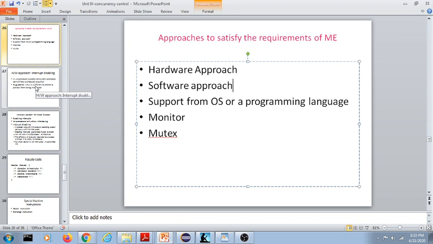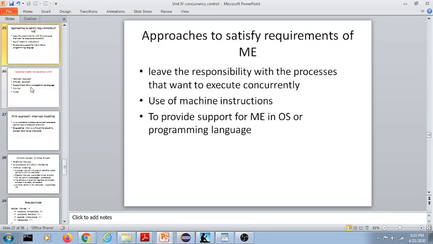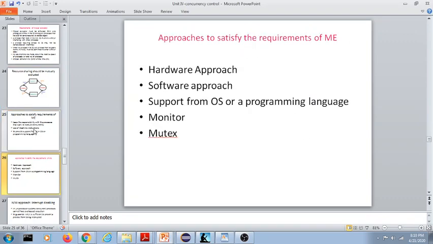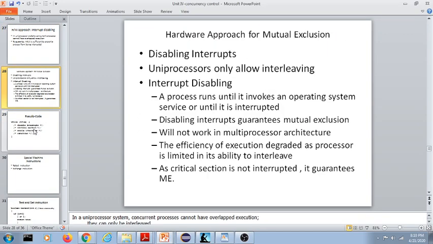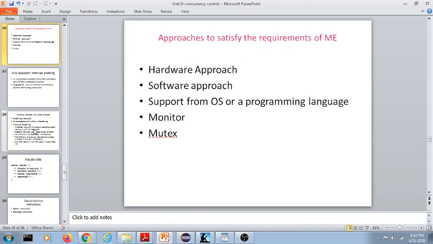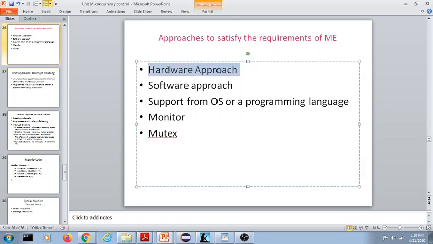Hardware approach means that by executing an instruction at the processor level, you can take care that whenever one resource is being accessed by one of the processes, the other processes will not be allowed to access the same resource. They will be excluded. All processes will be mutually excluded. In the hardware approach, there are some kinds of instructions.